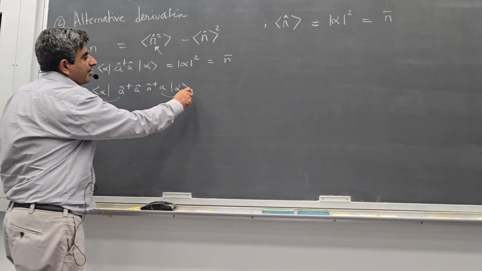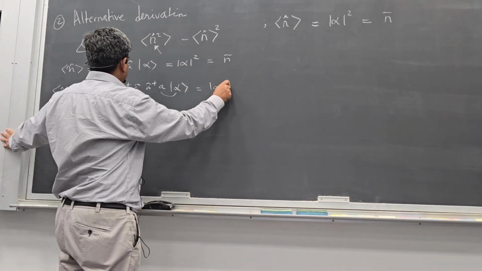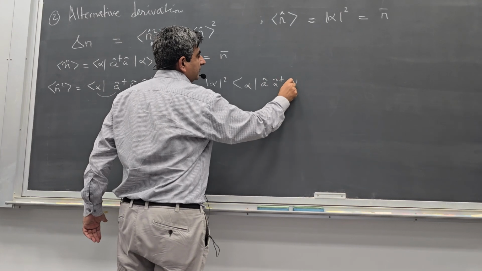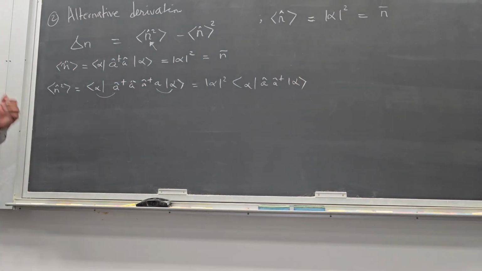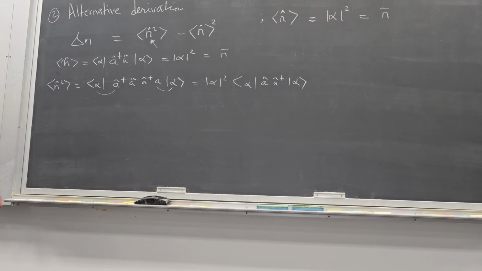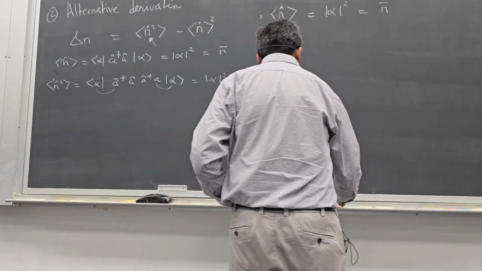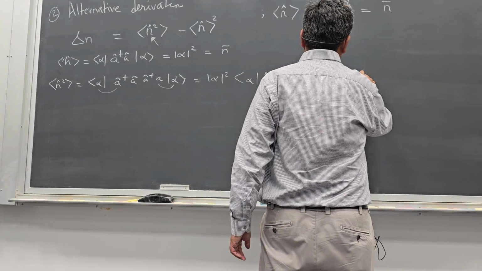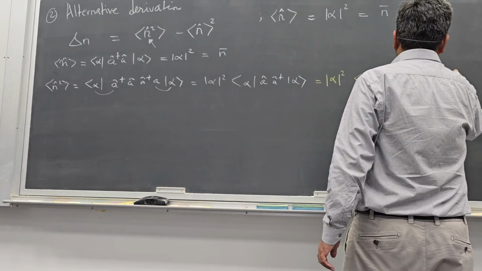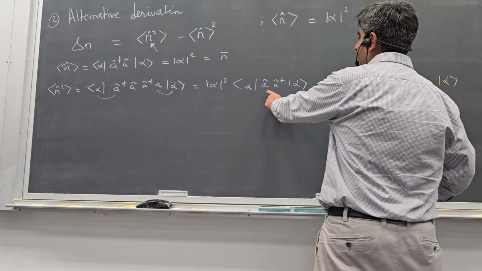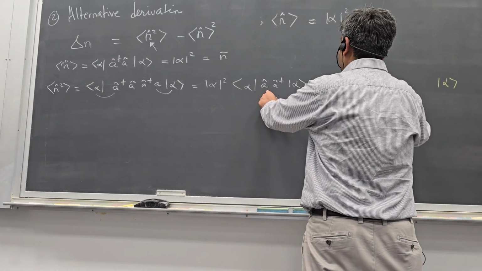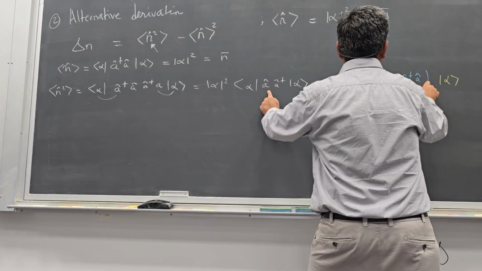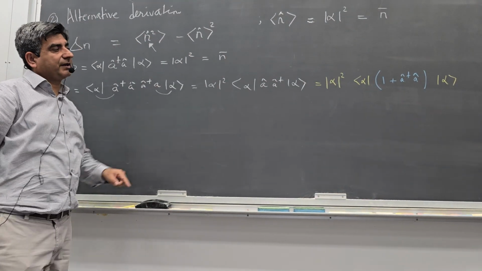So I get |alpha| squared, bra alpha, A dagger, A. Now I do know that I have |alpha| squared, bra alpha, ket alpha, and this object in between is 1 plus A dagger A. Using the commutation relationship, this is what we get.